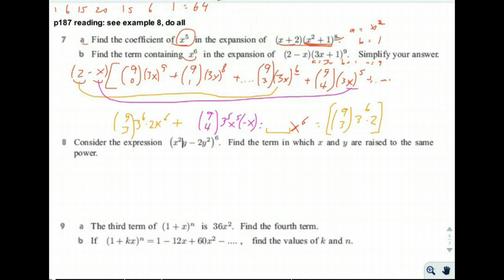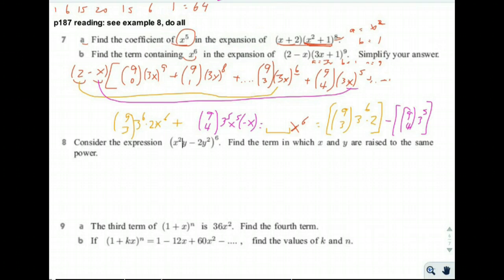And the pink term would be 9, 4, 3 to the fifth, and that it would be x to the sixth, and it would be a negative because negative x to the sixth.